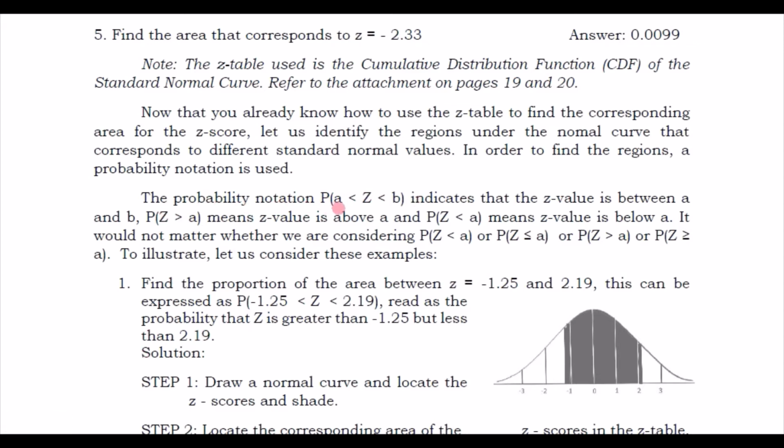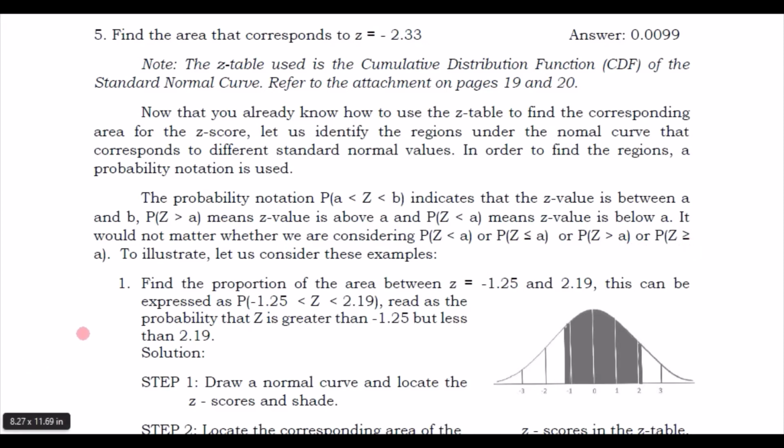The probability of A is less than Z is less than B indicates that the Z value is in between A and B. The probability of Z is greater than A means that the value is above A, and the probability of Z is less than A means that the value is below A. It would not matter whether we are considering the probability of Z is less than A or less than or equal to A, or greater than A or greater than or equal to A.